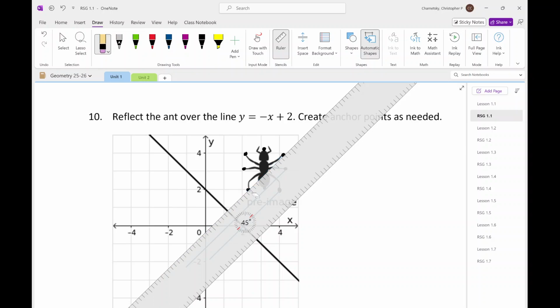Too far. Let's try that again. That's 1, 2, 3. 3 little ones. 1, 2, 3. There we go.